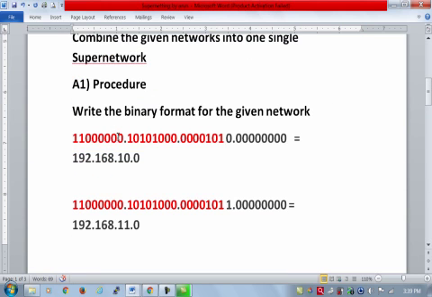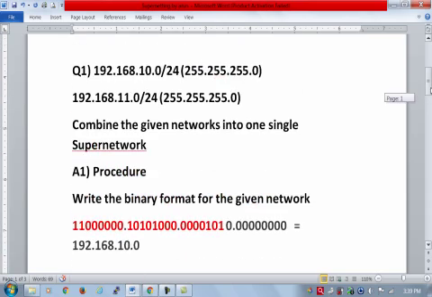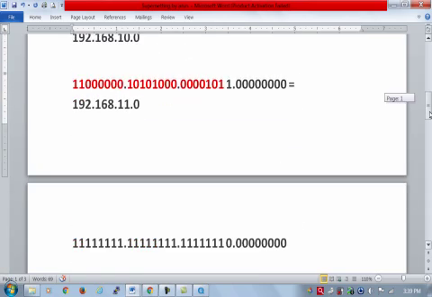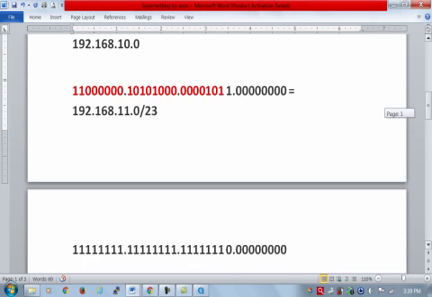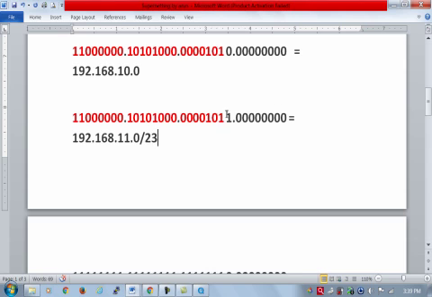Now whatever was the same part becomes 1 and the rest becomes 0. So I just try to count how many are the same over here. 8 plus 8, this is 16, 17, 18, 19, 20, 21, 22 and 23. So now my subnet mask becomes from /24 to /23, and I hope how this 23 has come is understood.